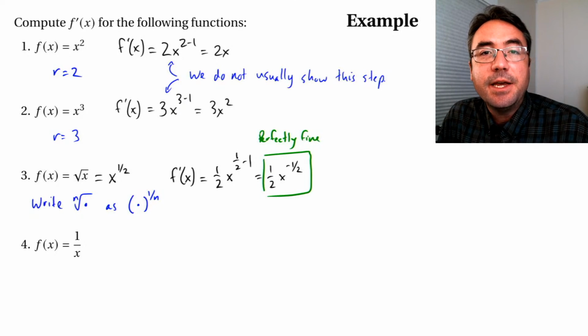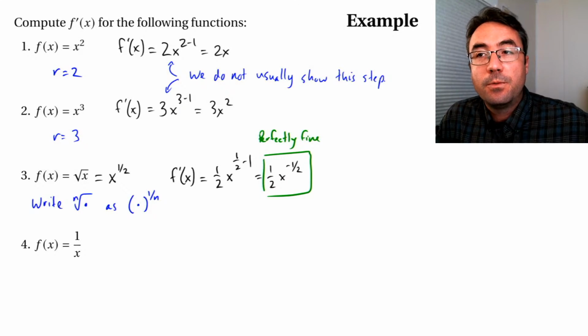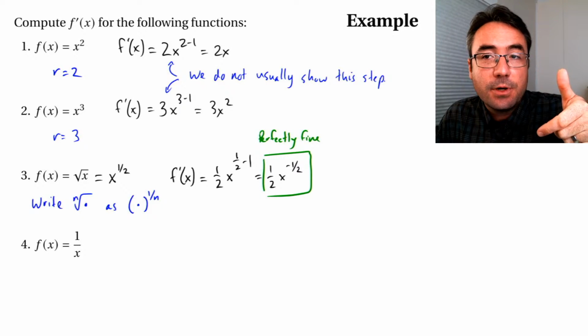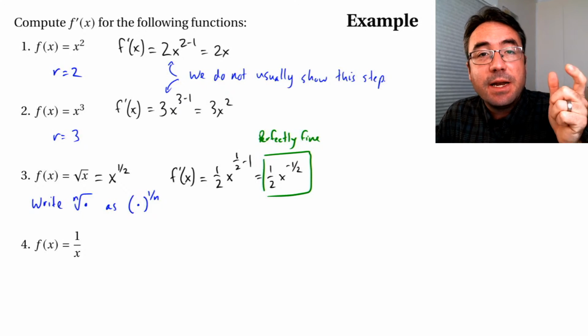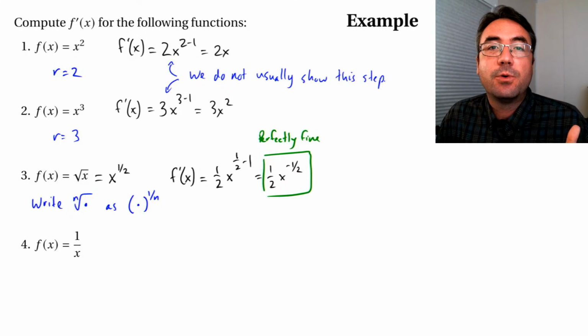Now, we might have the occasion sometimes to rewrite that function just a little bit further. When we have a negative exponent, we can write that as a reciprocal. And then sometimes it might even be helpful to take that exponent and convert it back to a root function.